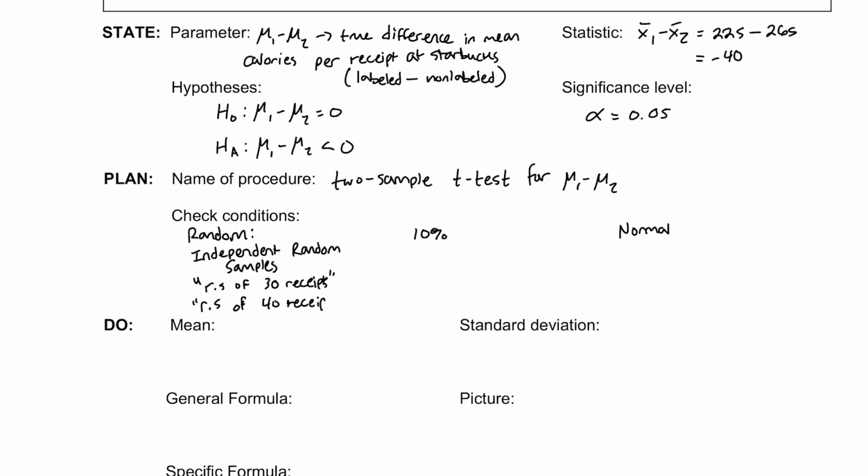So again, remember that in this section, you can't just write random and check. You need to write what it says in the problem specifically.